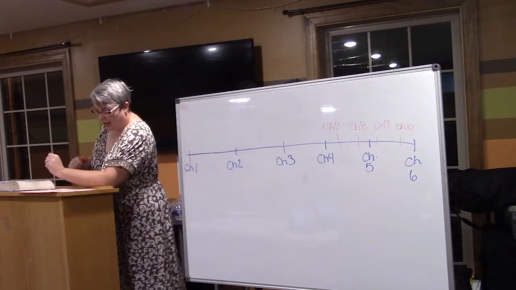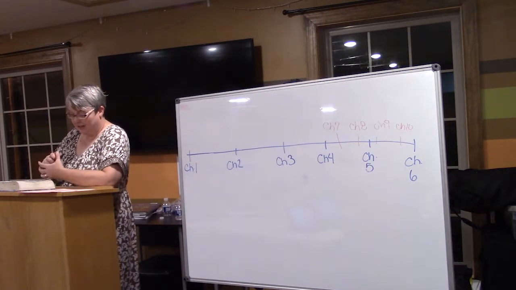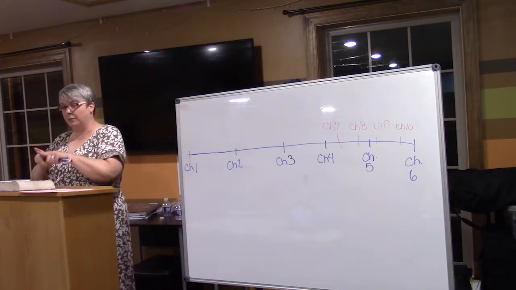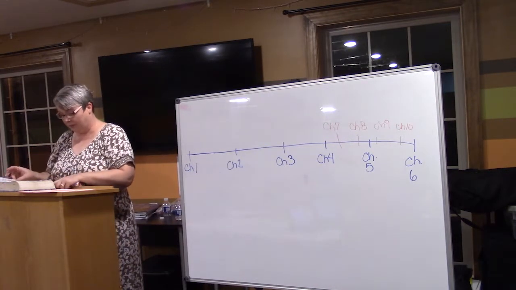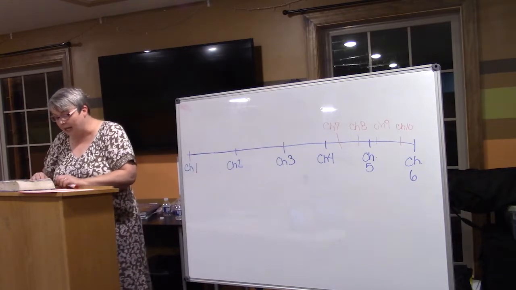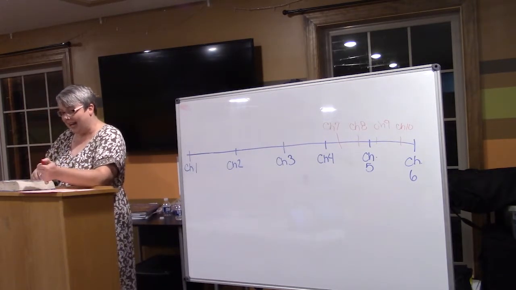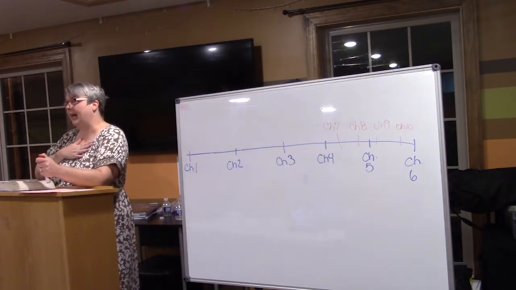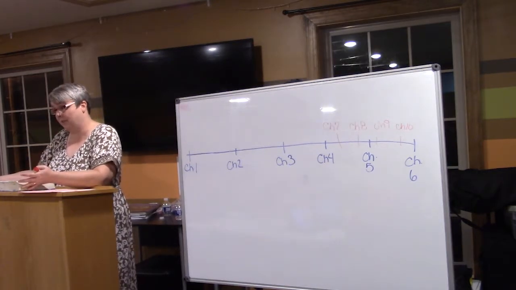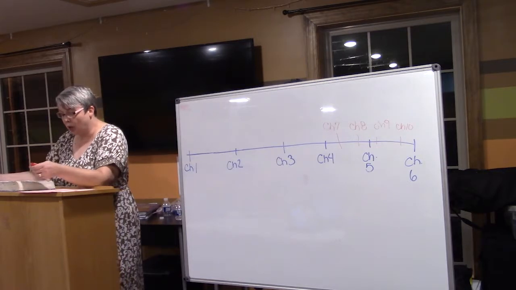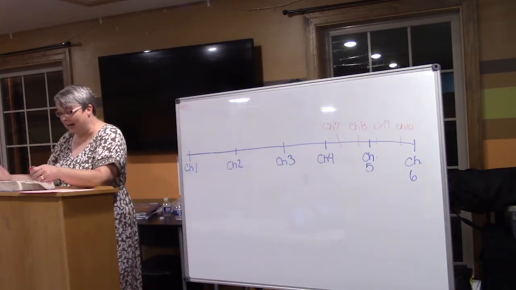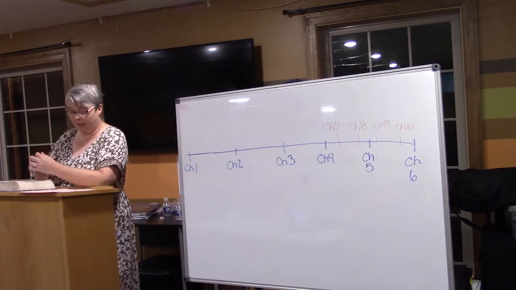Now, if you remember, Darius the Mede and Cyrus did have some time together. And the way I read it, chapter 11 is really a continuation of chapter 10. I don't know that there was any big division.